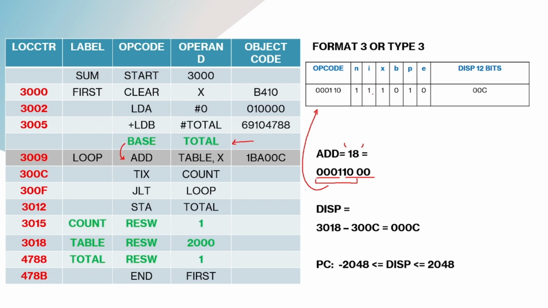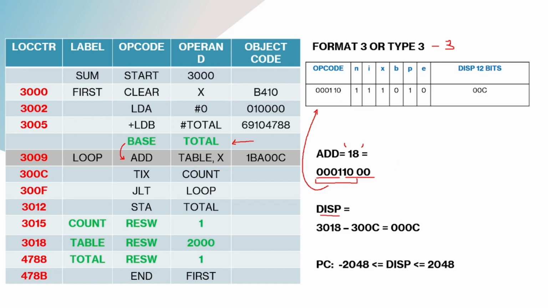We have 1 and 1 here because we are not using N and I as simple. And then X is 1 because we are using an index. Once we have that, B is 0, P is 1, and E, extended, is 0 because we're using a type 3, which is of 3 bytes. And displacement we'll calculate.